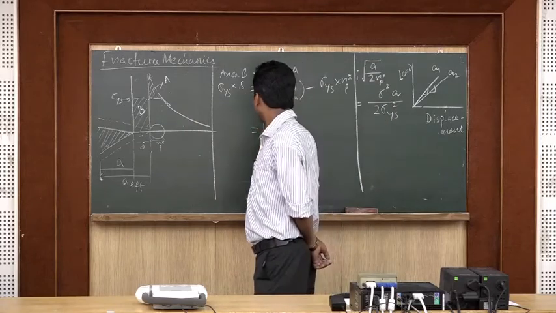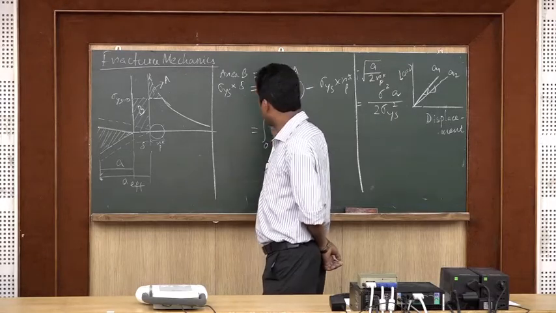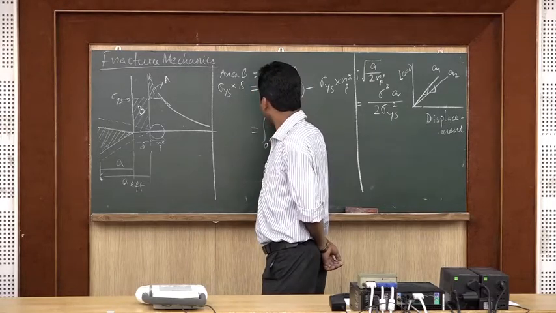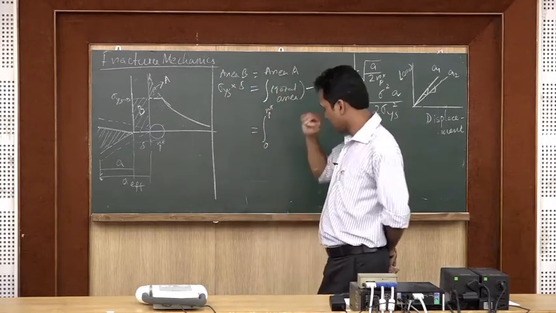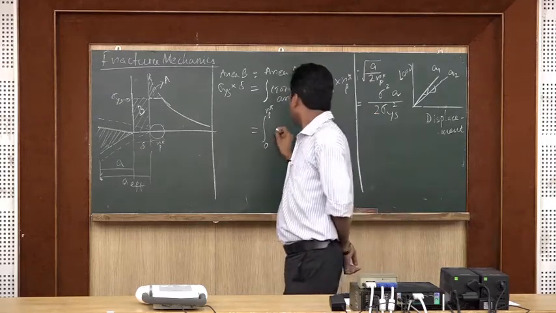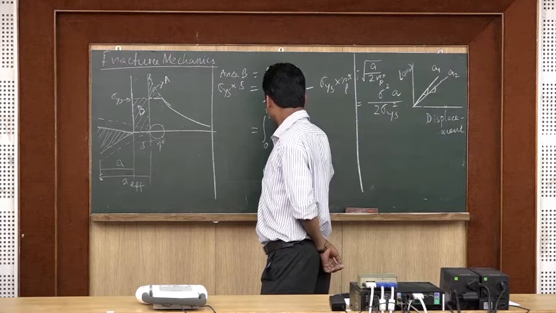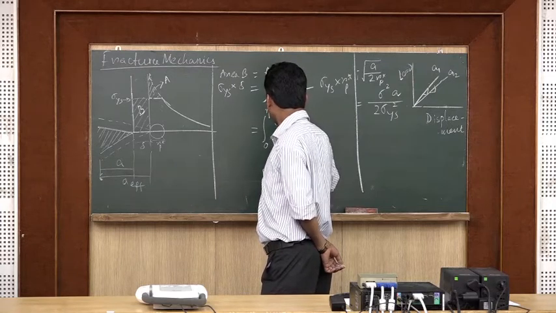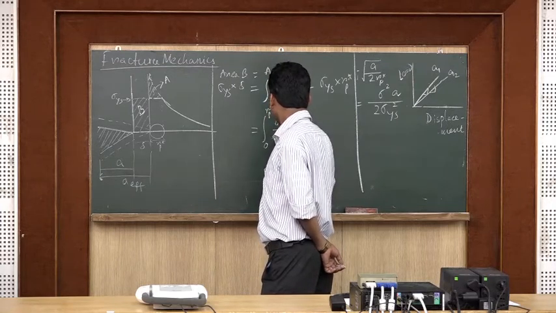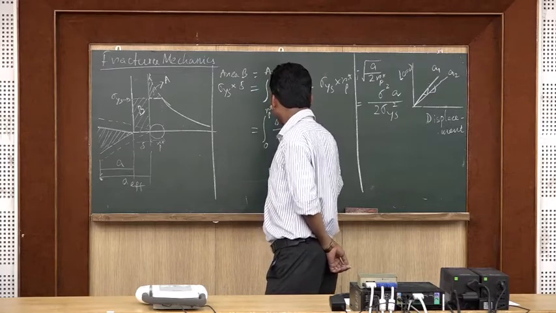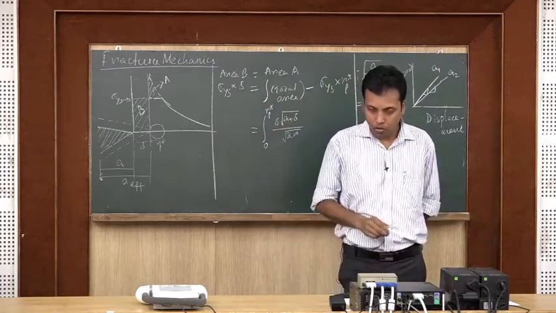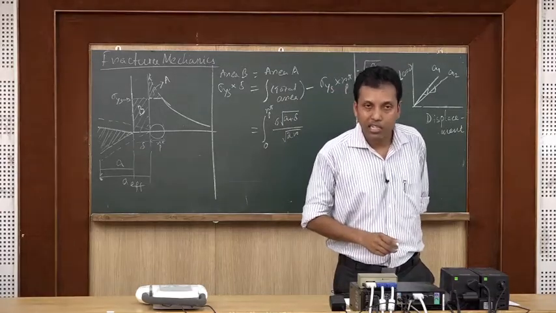Total area equal to integration 0 to Rp star, then sigma root A plus delta by root over 2r, that is sigma root pi a by root over 2 pi r, pi we are not writing, cancelled out.